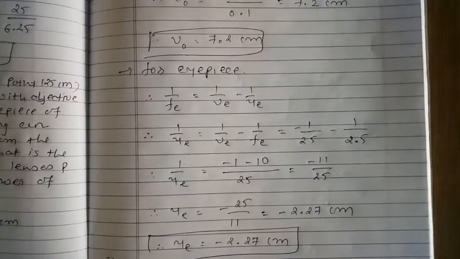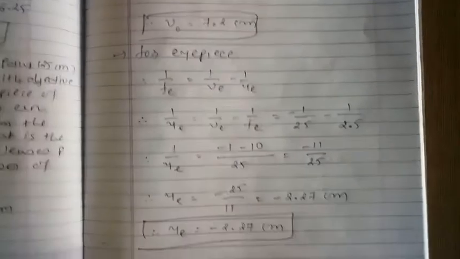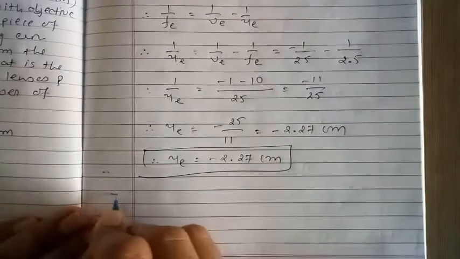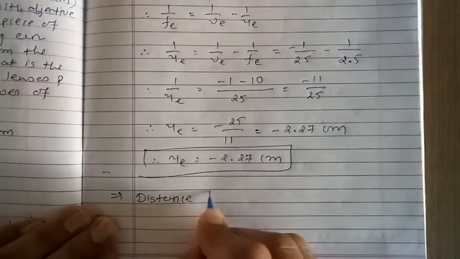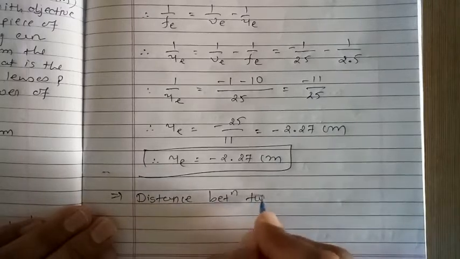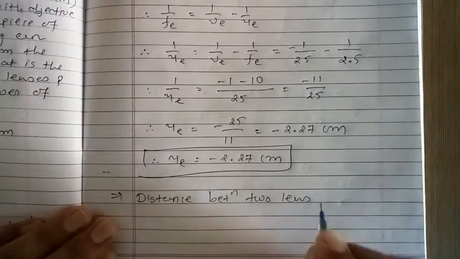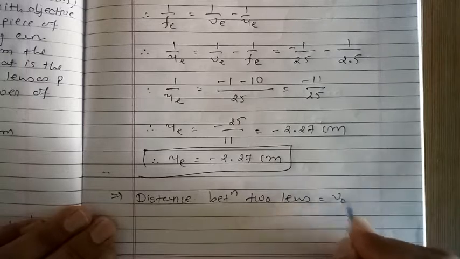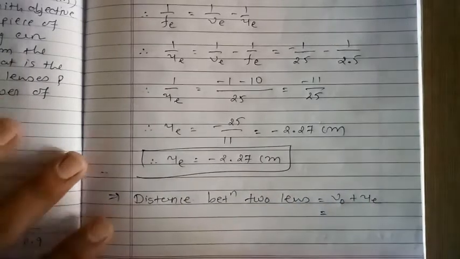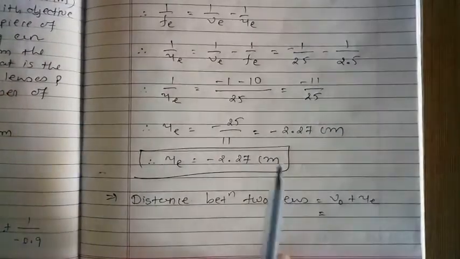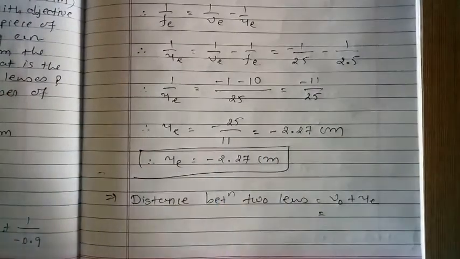But we have to find the distance between the two lenses. So the distance between the two lenses is equal to VO plus UE. We have to find the total distance, so we have to take UE positive here.